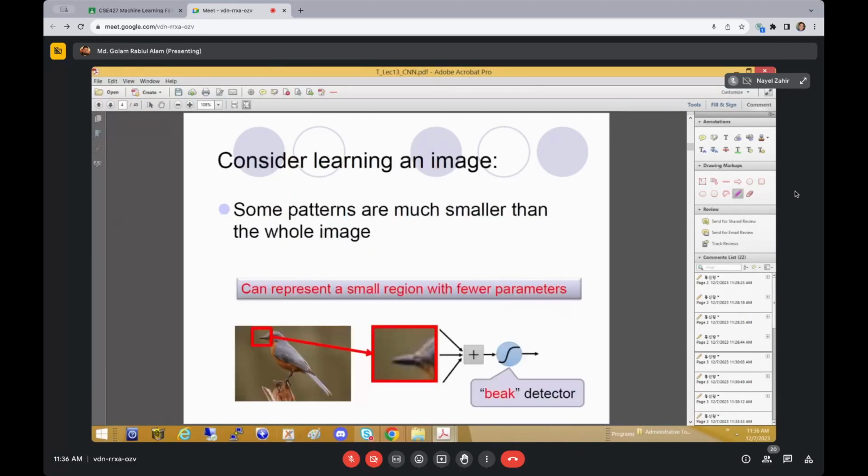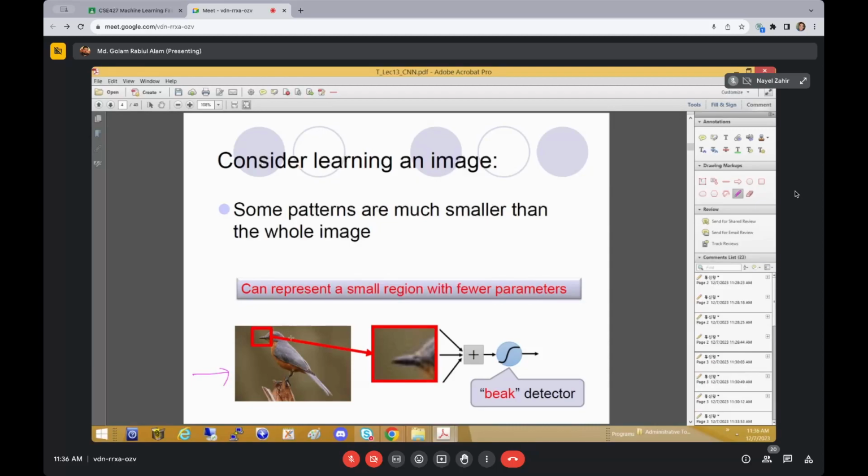Here we can consider an image categorization, or object detection, or just object classification. Like this is an image. In this image, we have a bird, and we want to recognize whether this one is a bird or not, or which kind of bird this is.